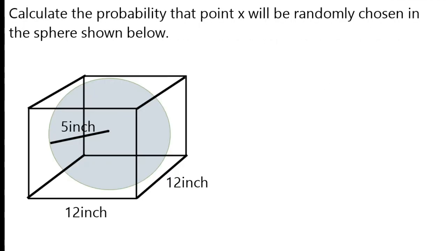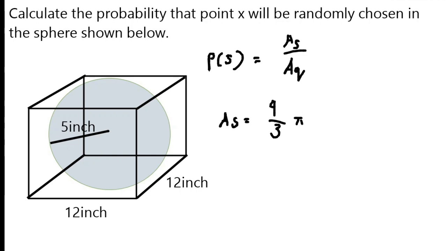Calculate the probability that point X will be randomly chosen in the sphere shown below. So we have a cube and a sphere, and the sphere is inside the cube. For us to calculate the probability that point X will be randomly chosen in the sphere, we're going to use not the area but the volume of the sphere divided by the volume of the cube.